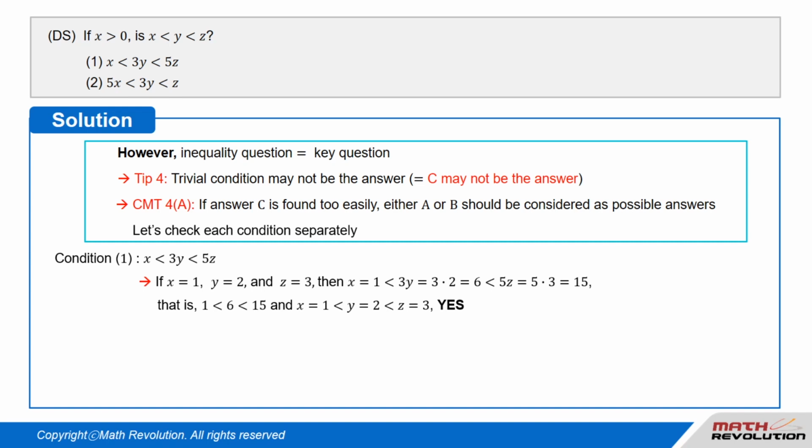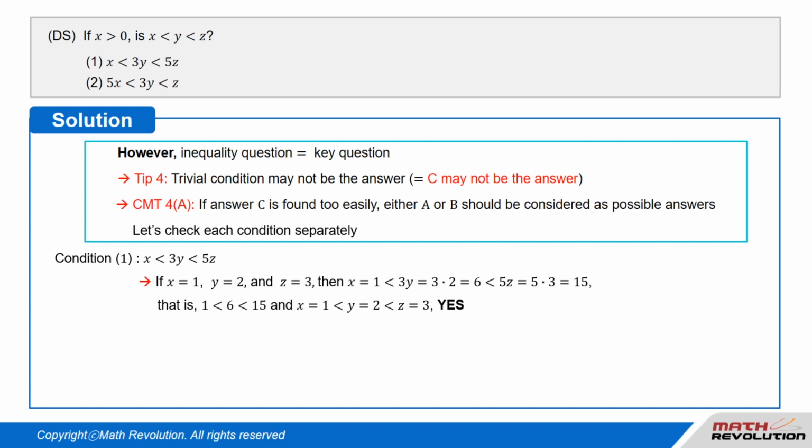Condition 1 tells us that x is less than 3 times y, which is less than 5 times z. Thus, if x equals 1 and y equals 2 and z equals 3, then x equals 1 is less than 3 times y, that equals 3 times 2, which equals 6, that is less than 5 times z, that equals 5 times 3, that equals 15.